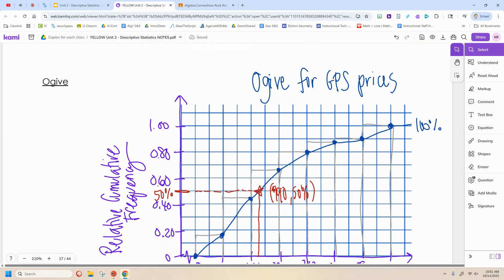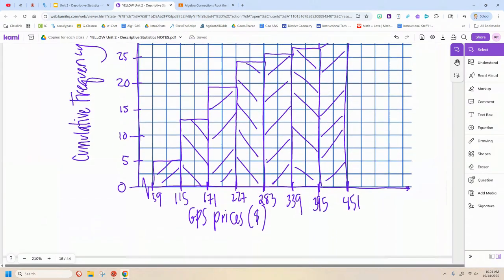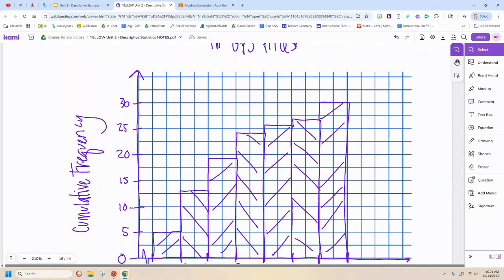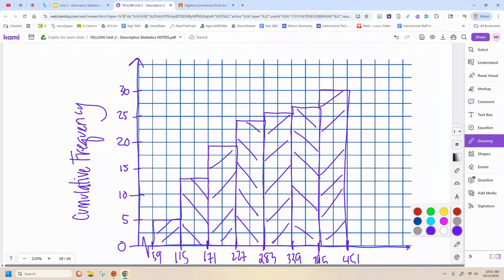You will find them layered on top of this type. So where this side goes from 0 to 30, they would have a second axis over here that would say 100% and then 50%. So 50% would be right about here. And they would actually have the ogive. They had two vertical axes, and your ogive would go across like that.